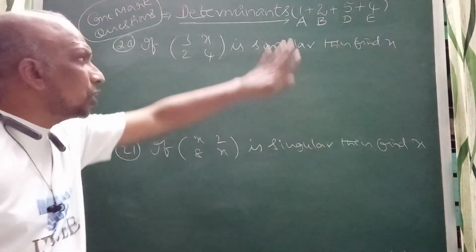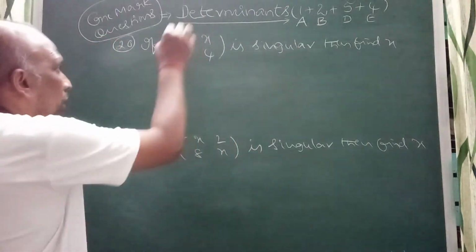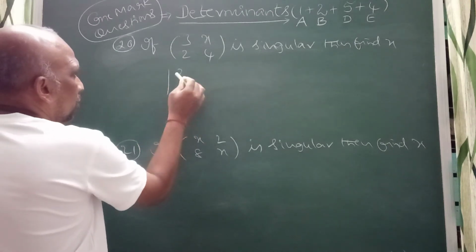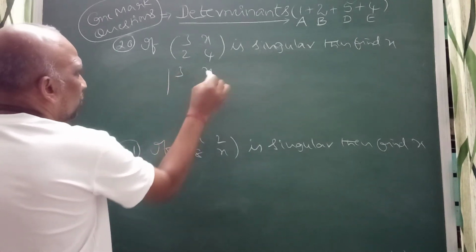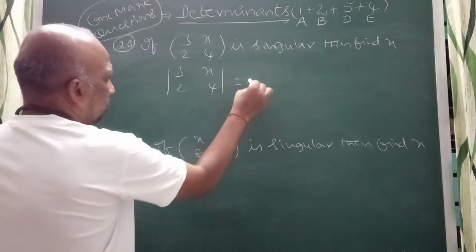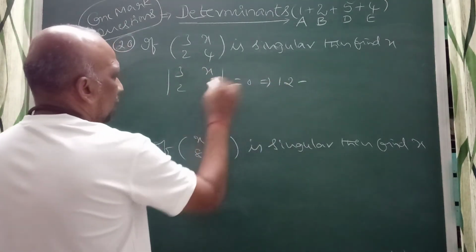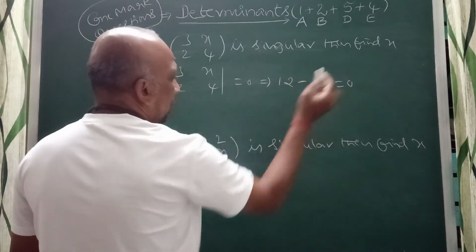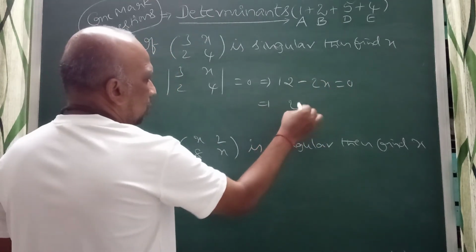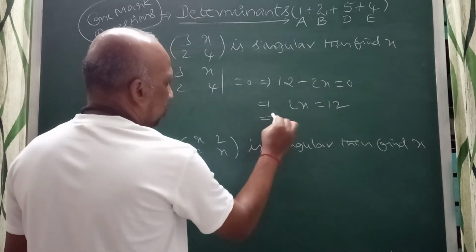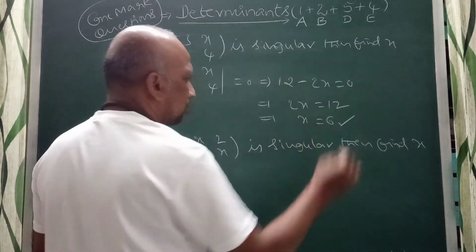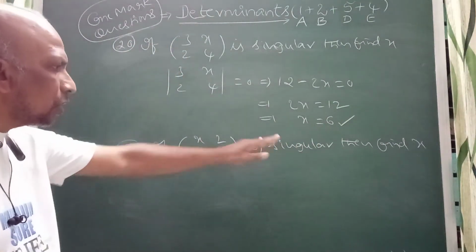So that way, this is a singular matrix, find x. When it is singular, the determinant of this one is 0, right? Determinant of 3, x, 2, 4 equal to 0. Then 12 minus 2x equal to 0, right? I will get 2x is equal to 12, x is equal to 6. The same thing, this matrix is singular.